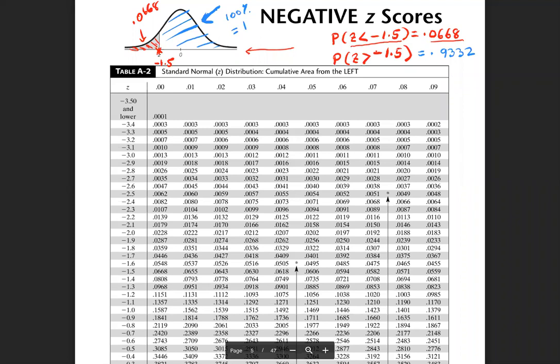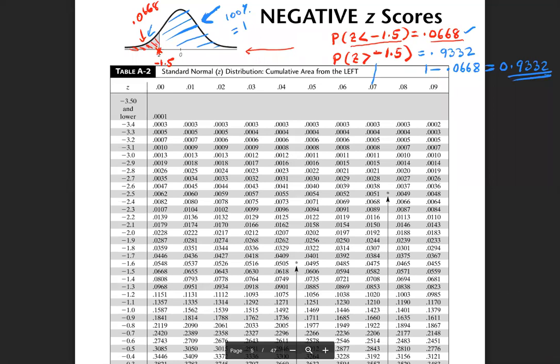If that is the case, then this red shaded region is 0.0668, so the blue shaded region must be 1 minus 0.0668, which is 0.9332. That's how you should be thinking.